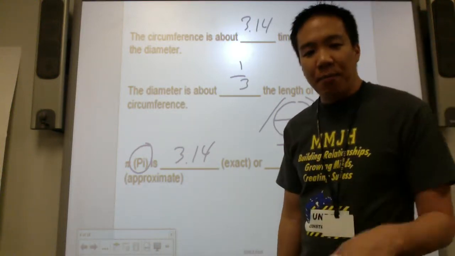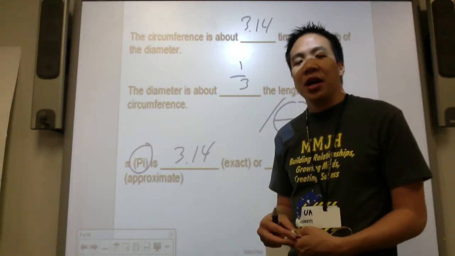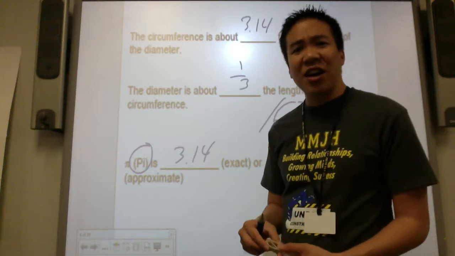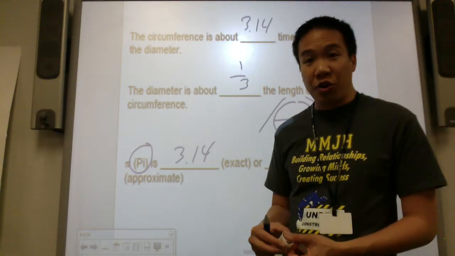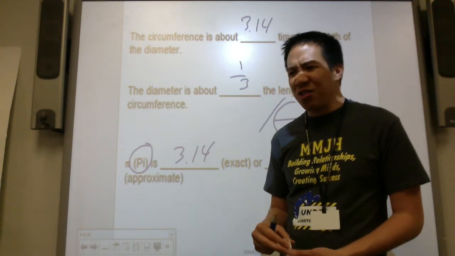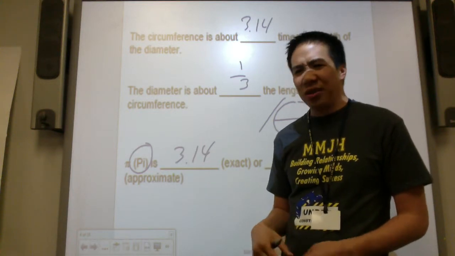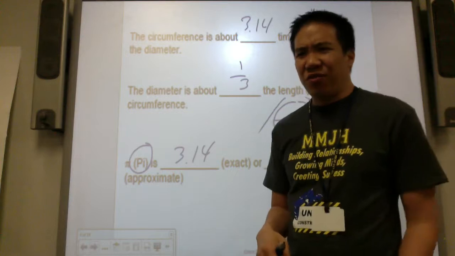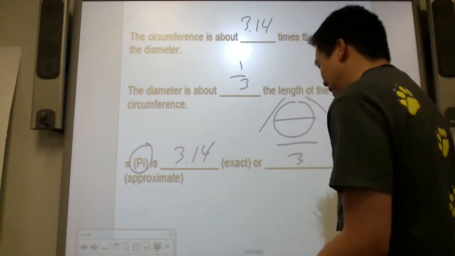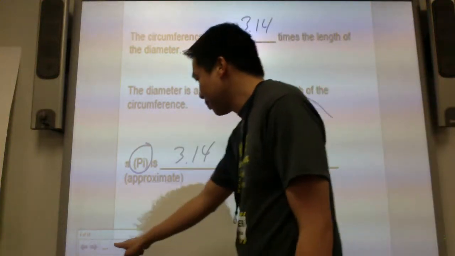Did you know some calculators have a pi button? It goes on forever and ever. They actually have contests on Pi Day, March 14, for people to memorize all the digits of pi. I know it's 3.14, and then I can't remember. I don't sit there and memorize it, but some people do.